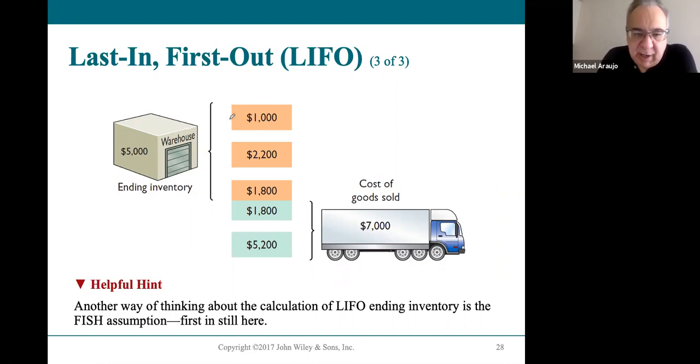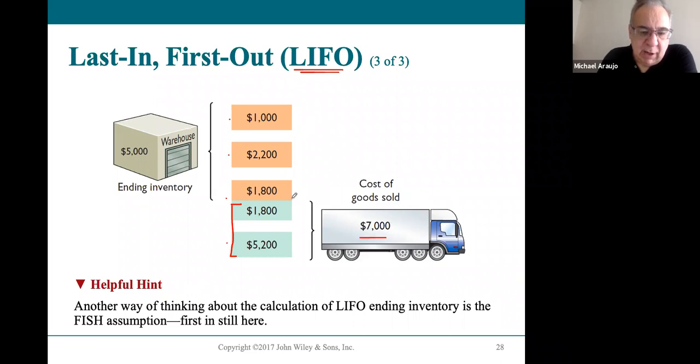And again, here's your beginning inventory. Here's the April purchase, the August purchase, November purchase. This is your total. How we do LIFO is the last ones in. And as we talked about, all of the 400 units from August and from November, and half of the August units have been sold, cost of goods sold.